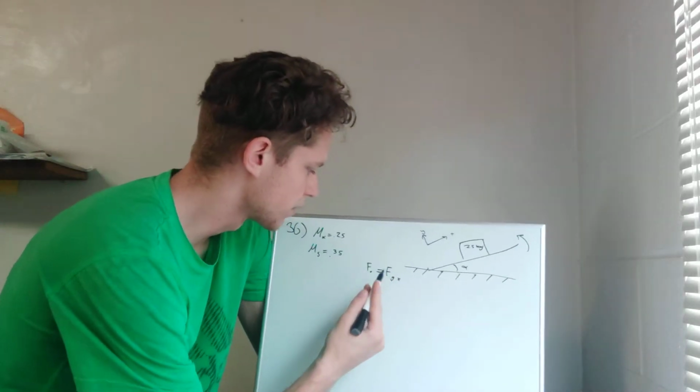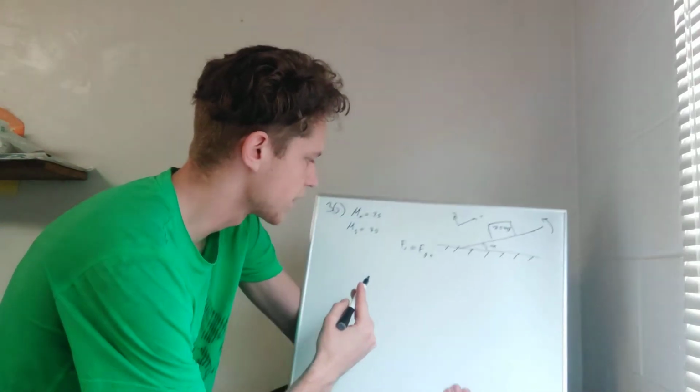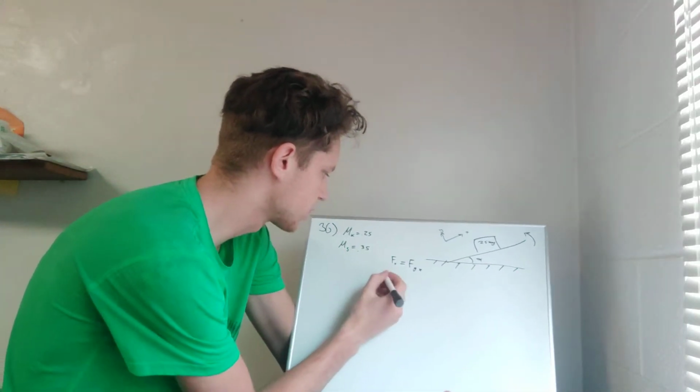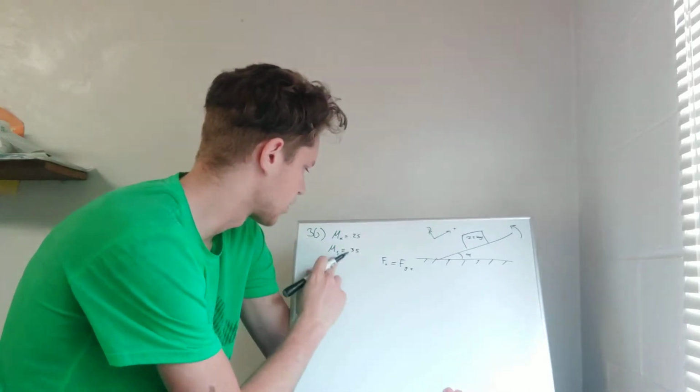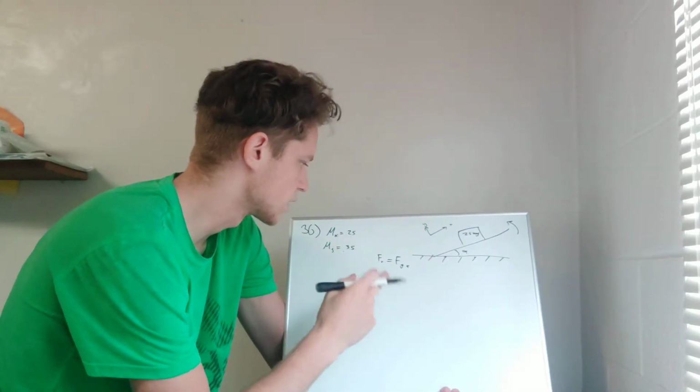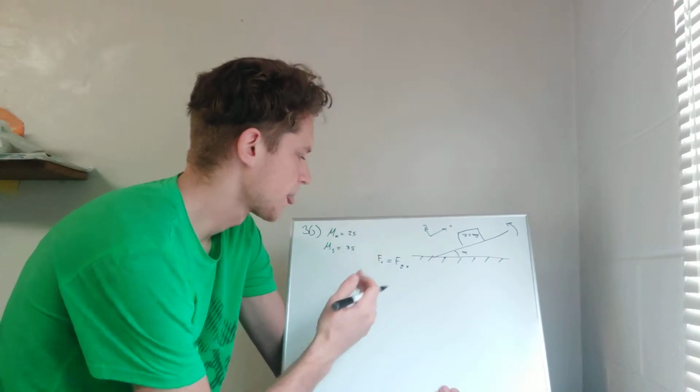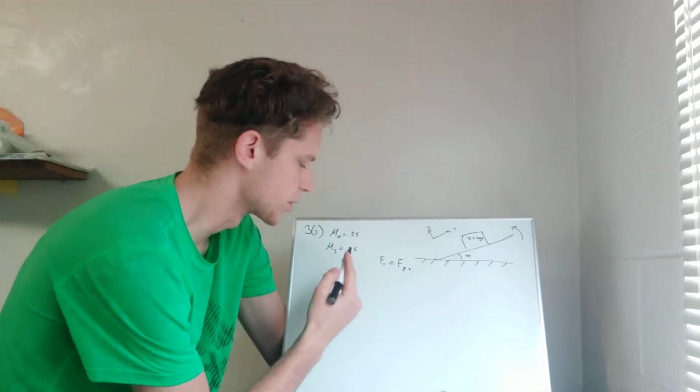So the first thing we want to do is figure out what each of these is going to be. The force of friction equals our coefficient of friction times the normal force.